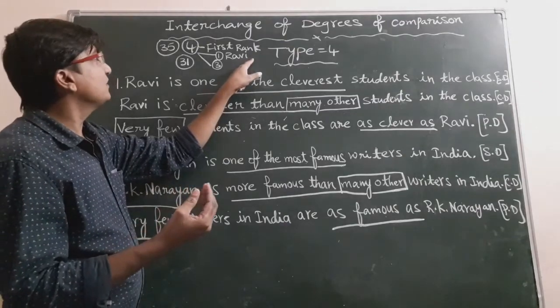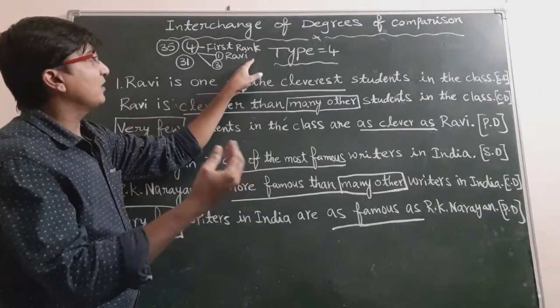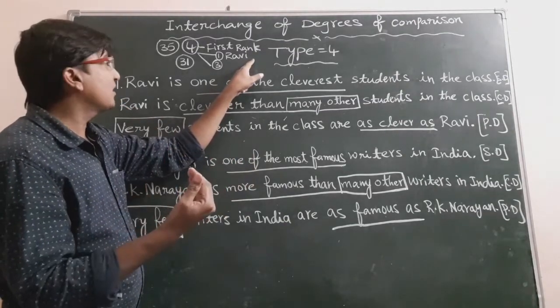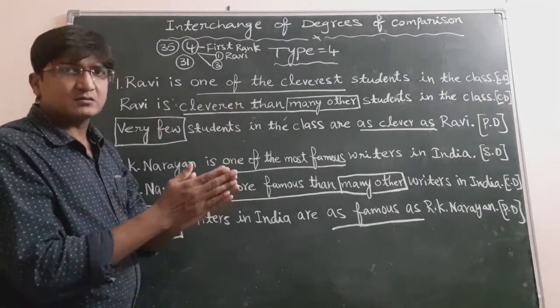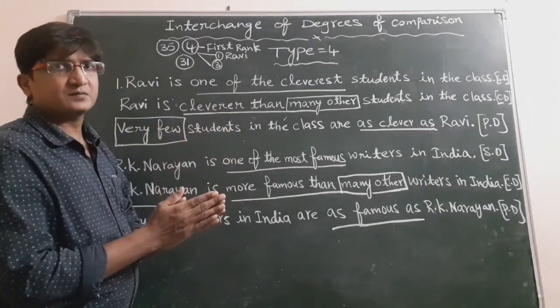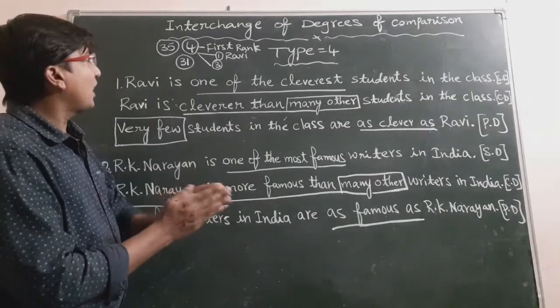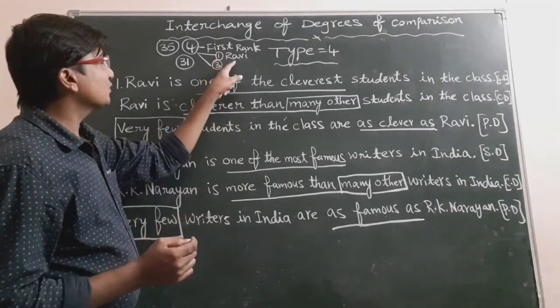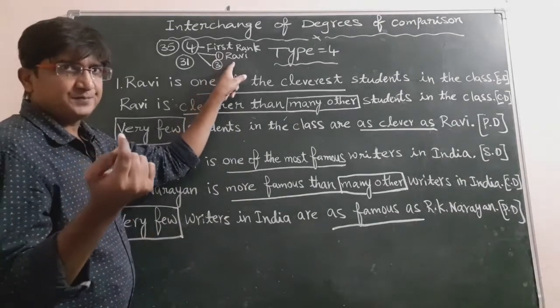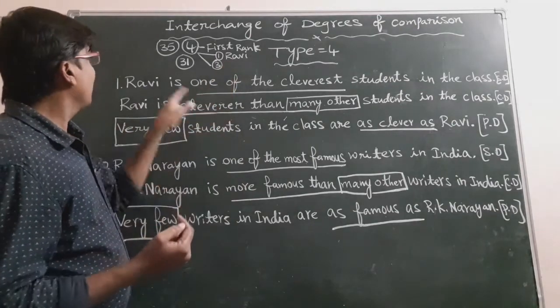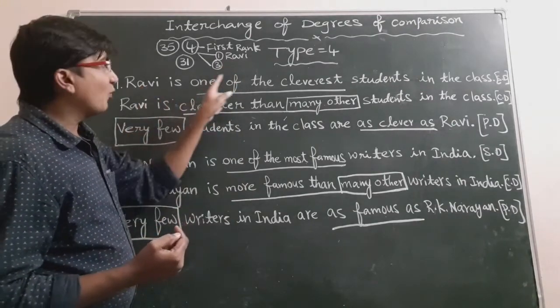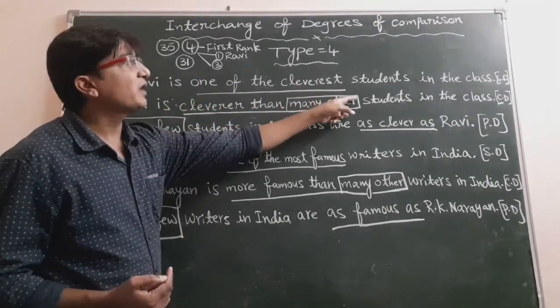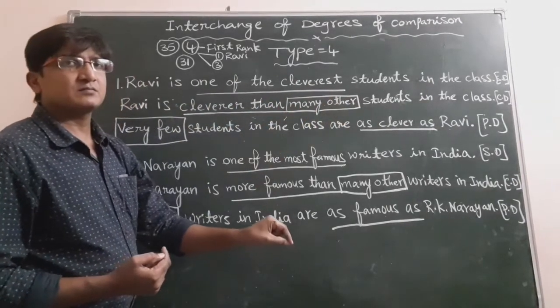Now we can just consider them or recognize them as the best or the cleverest. So among these 4 we are talking about one student, that is Ravi. So here Ravi is one of the cleverest students in the class.